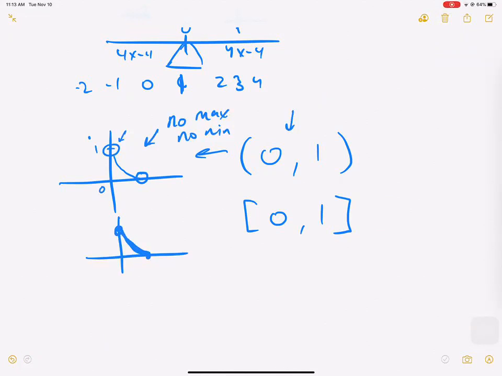Nope, it's not. So are you going to tell me 0.99? How about 0.999999999? I can add another 9 and be bigger than yours. So it would actually be no max and no min because they're undefined. With brackets, the max here would be 1 and the min would be 0. Okay, great question.